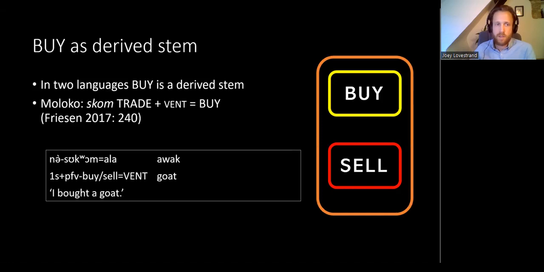I'll say briefly something about the 2 languages that have both a buy and a sell form in addition to having a general word for trade. Here I'll just present what the forms for buy are, and then I'll come back to these 2 languages a bit later when talking about forms for sell. So one of the languages is Moloko, a Biu-Mandara language that has this word skom, which can mean trade. But if you add a ventive suffix to it, it means buy.